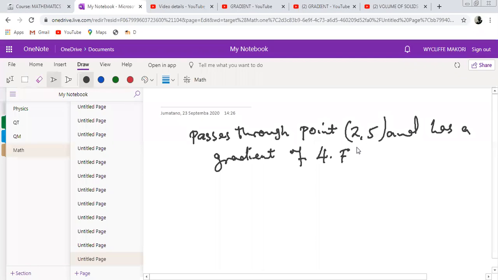The thing is now find its equation. I want you to try that, and if you are able to do it, then you are sorted. The line passes through point 2, 5 and has the gradient of 4. Find its equation.